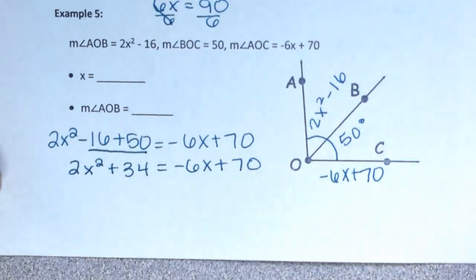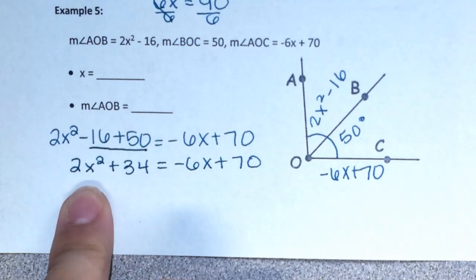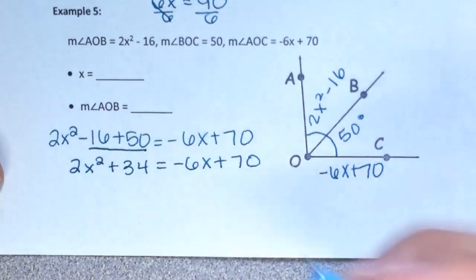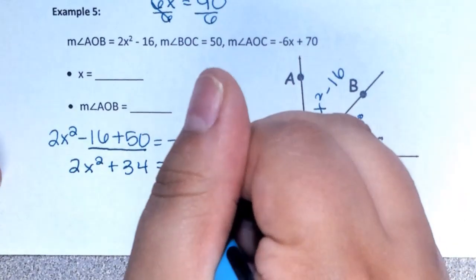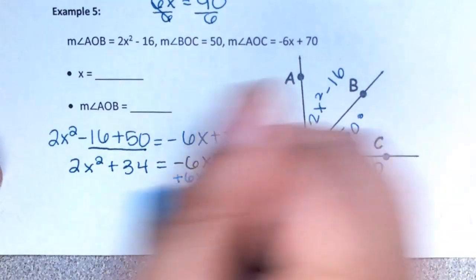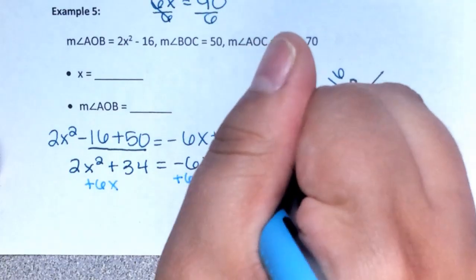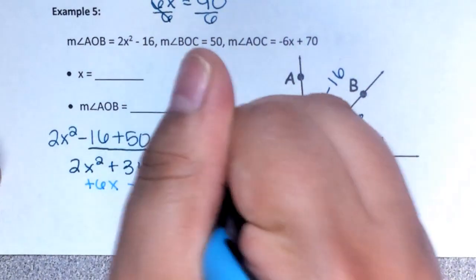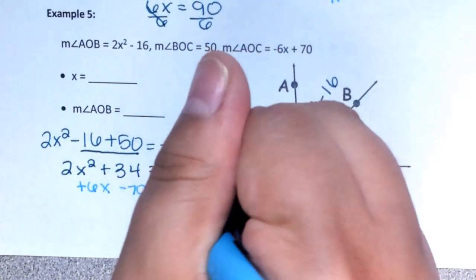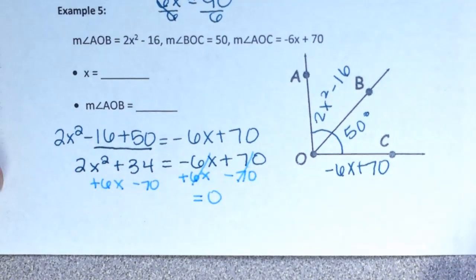Why? We want that x squared to stay positive. So last time we moved it all to the 2x squared. Now we're moving it this way. So instead of negative 6x, what am I going to do? And instead of positive 70, what is that going to give me?